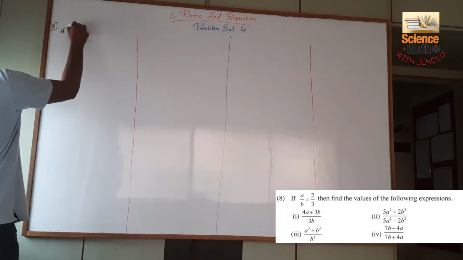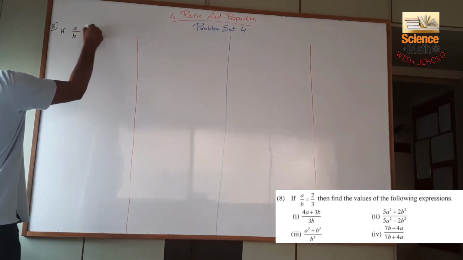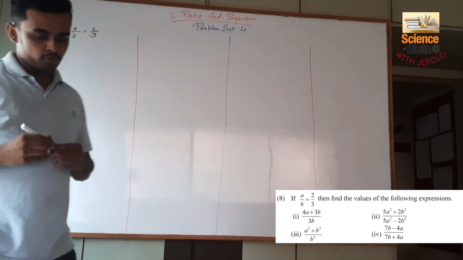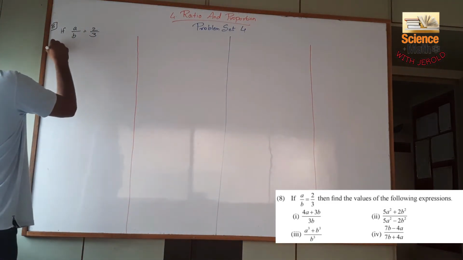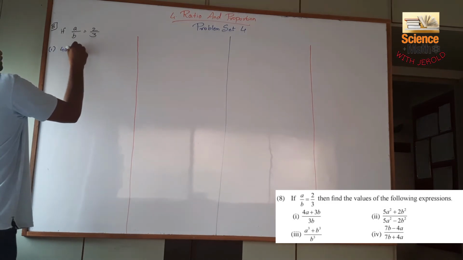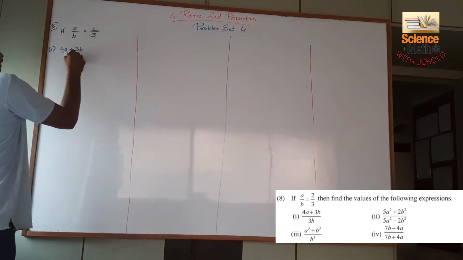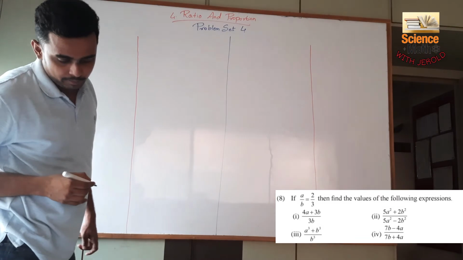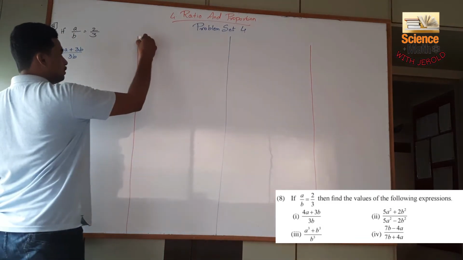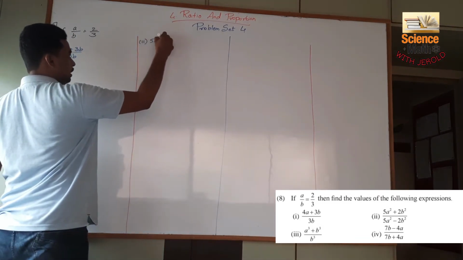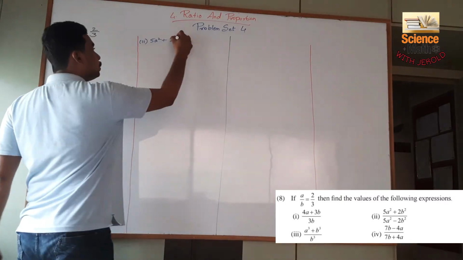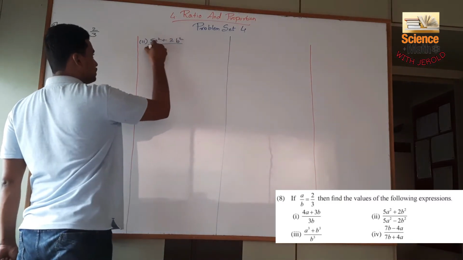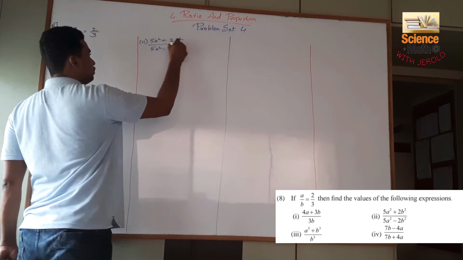I am given that A upon B is equal to 2 upon 3, and I am supposed to find 4 different parts of this ratio. The first part is 4A plus 3B upon 3B. The second part is 5A square plus 2B square upon 5A square minus 2B square.